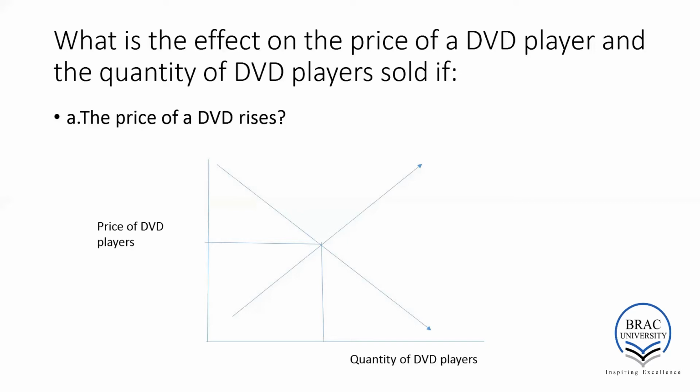So if the price of DVDs rises, it means the quantity demanded for DVDs will decrease. So fewer people will buy DVDs. In that case, we will need fewer DVD players. So the demand for DVD players will decrease. Whenever we have a decrease in demand, we shift our demand curve to its left.